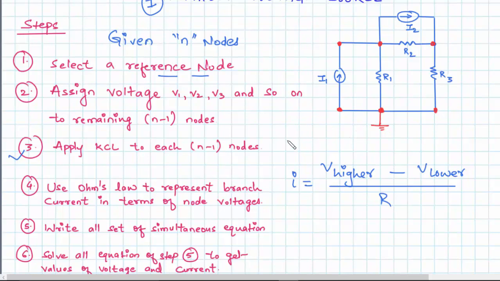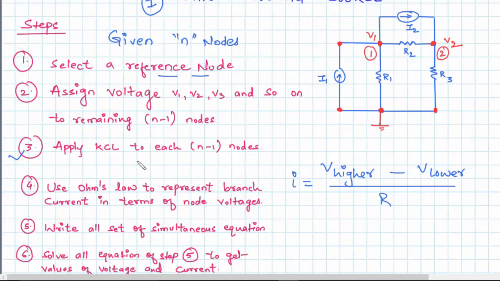Alright, let's apply step 2. So we need to assign voltages V1, V2, V3 and so on to all the remaining n-1 nodes. This node right over here, I can say that this is voltage V1 and this is voltage V2, and there are no other nodes in this circuit. This node and this node are the same, so this is V1 voltage and this is V2.